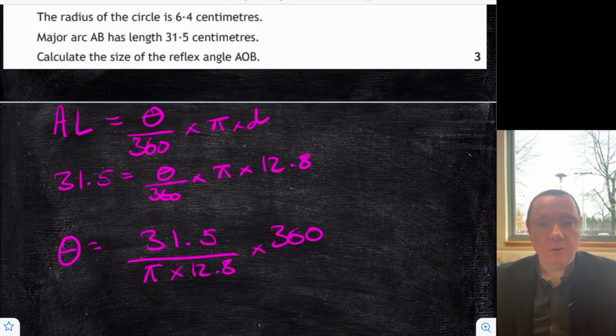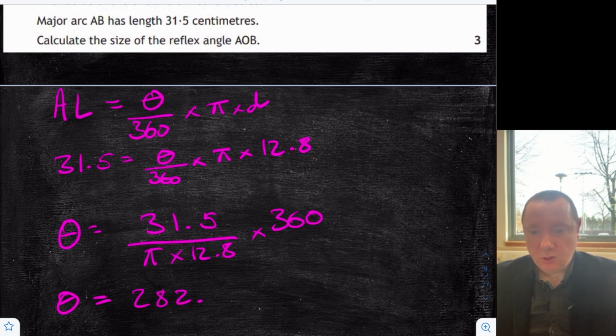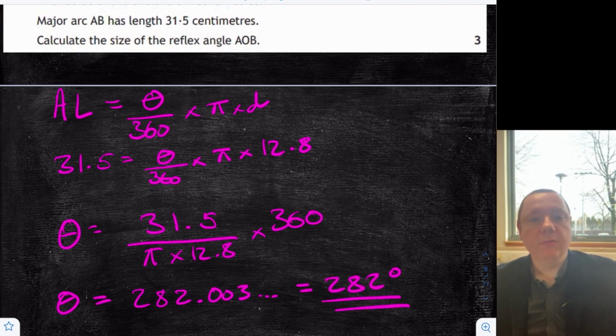And then for a mark for our final answer for calculating our angle theta, when we do 31.5 times 360 divided by brackets pi times 12.8 is 282.003, or to a reasonable degree of accuracy 282 degrees for our final answer.